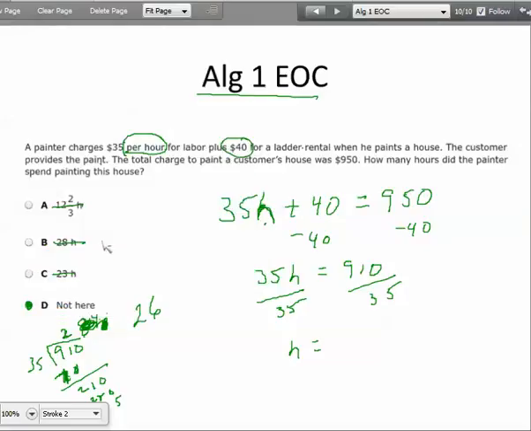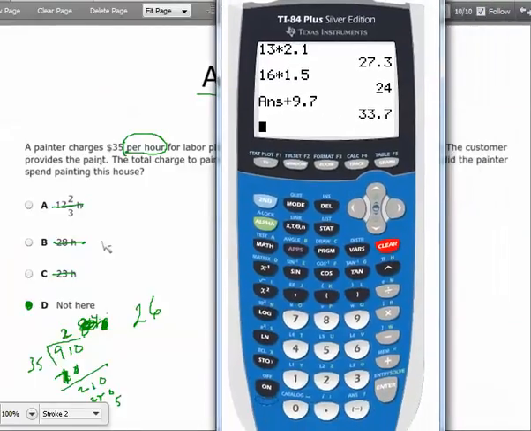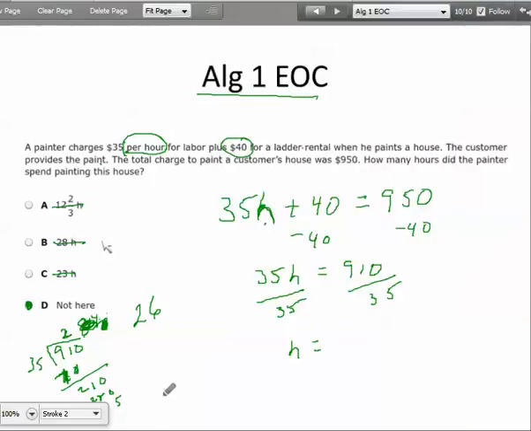We sometimes have to use a calculator to check our division, check our math. There it comes. Okay, so what did I have? I had 910 divided by 35, and that is 26. So I got 26 as an answer there.